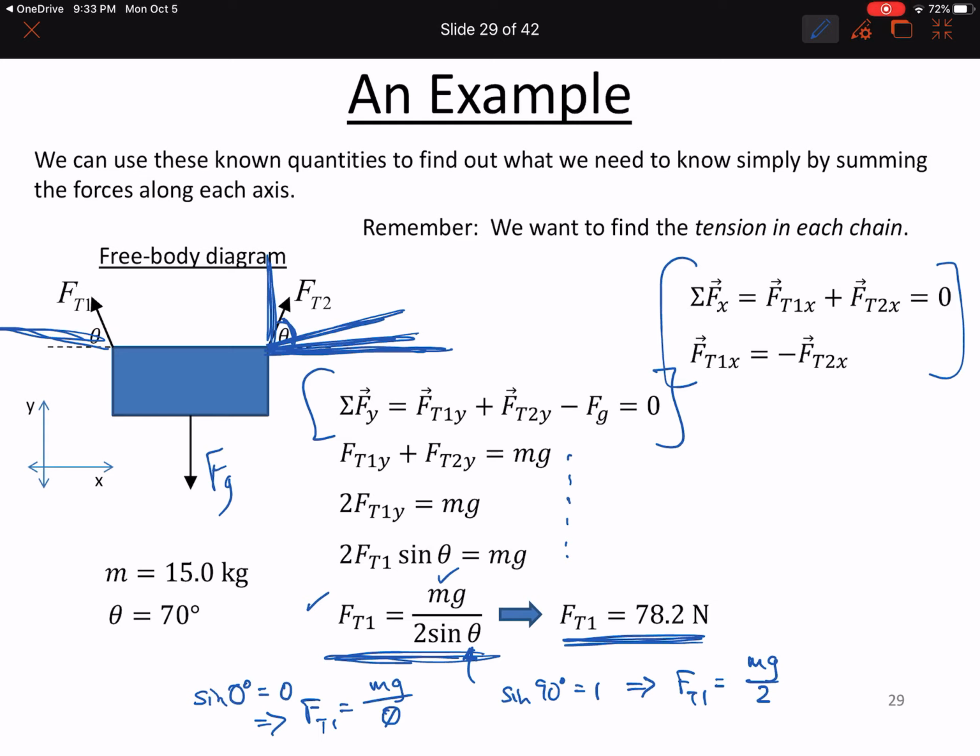Well, one, you're not going to find a chain quite that strong. And two, this should also make sense from just looking at the free body diagram up here. If you want to cancel out a downward vertical force, F sub g here, you need some y component to these tensions. And if you were to somehow achieve a horizontal attachment angle, so theta equals 0 degrees, then you'd have no vertical component.